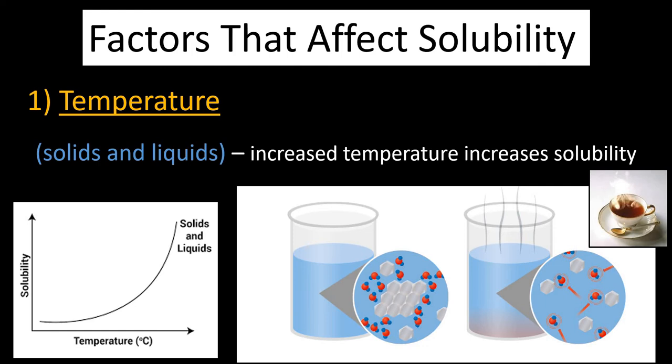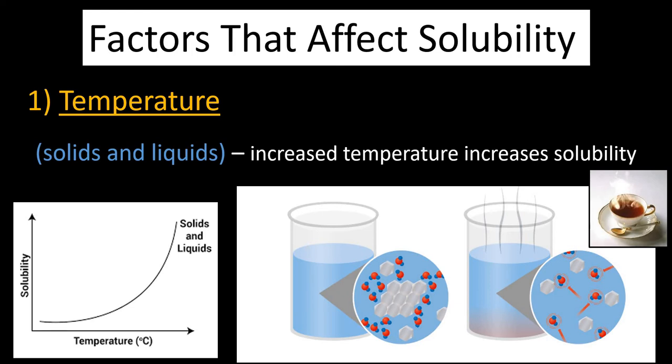All of you know that it's easier to dissolve something in a hot drink than a cold drink. Okay, that's what you're seeing, by increasing the temperature, you increase the solubility. And you saw that with the supersaturated solution as well, because remember, you have to heat it in order to reach that point of supersaturation.